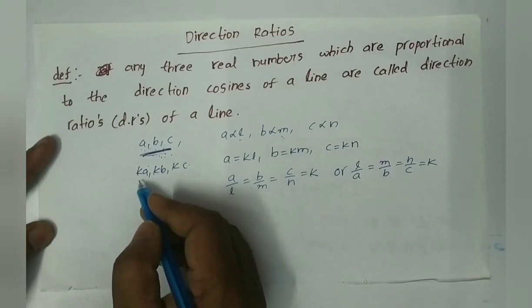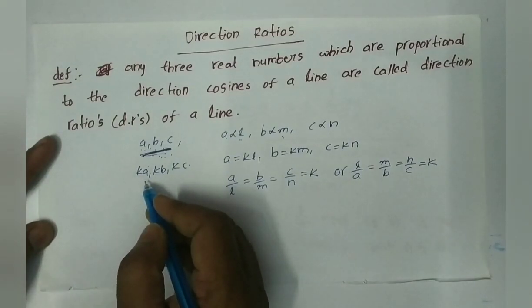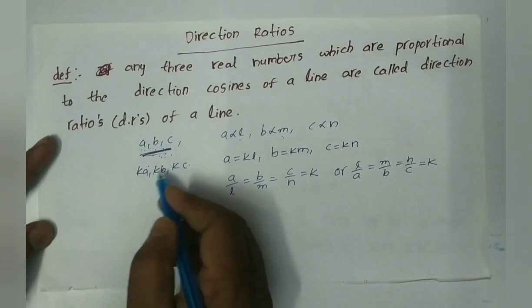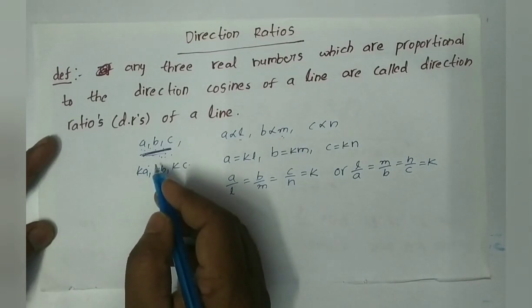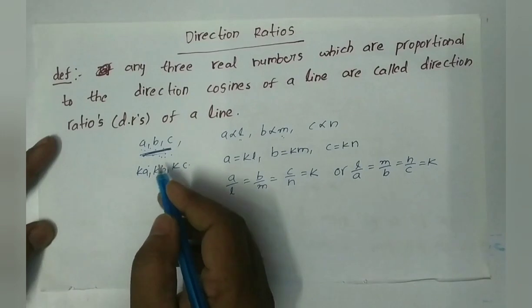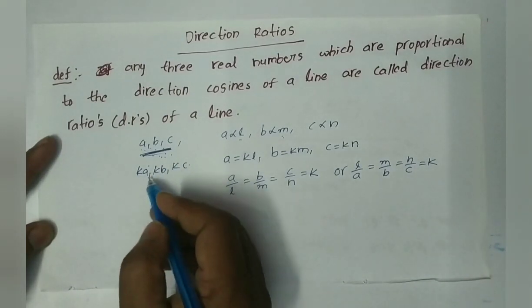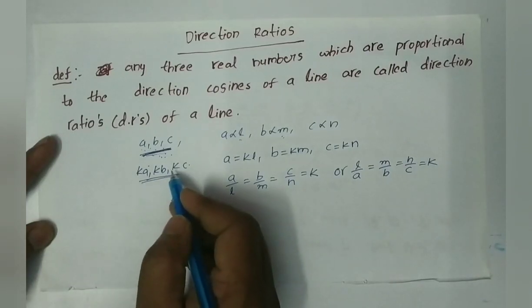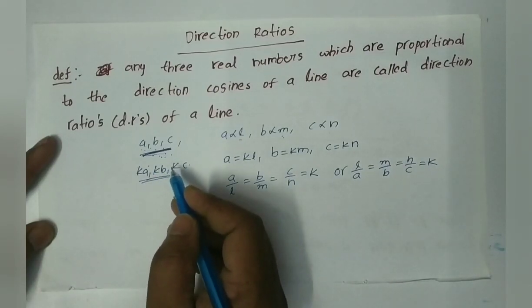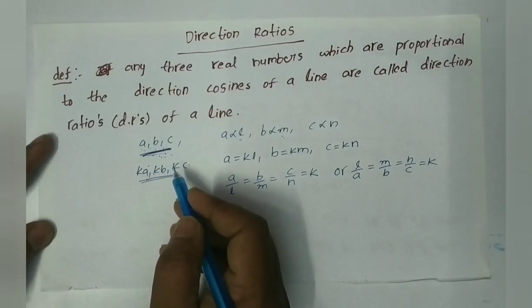Here k is a non-zero constant which belongs to the real numbers. So from this we can say that for any line there are infinitely many sets of direction ratios.